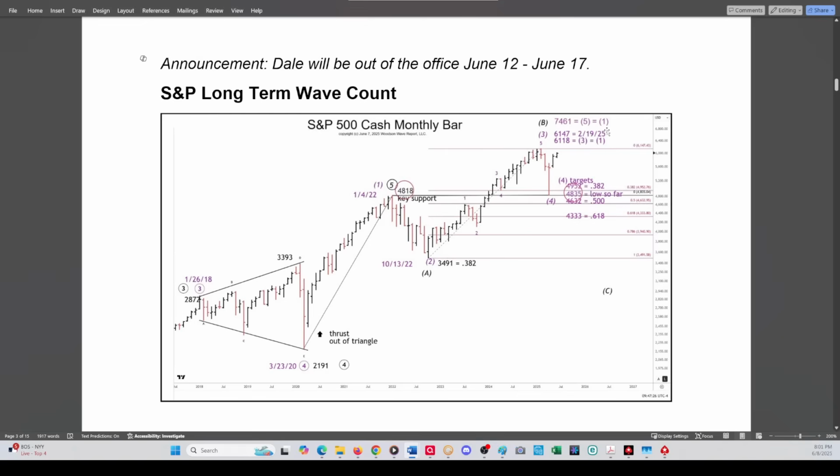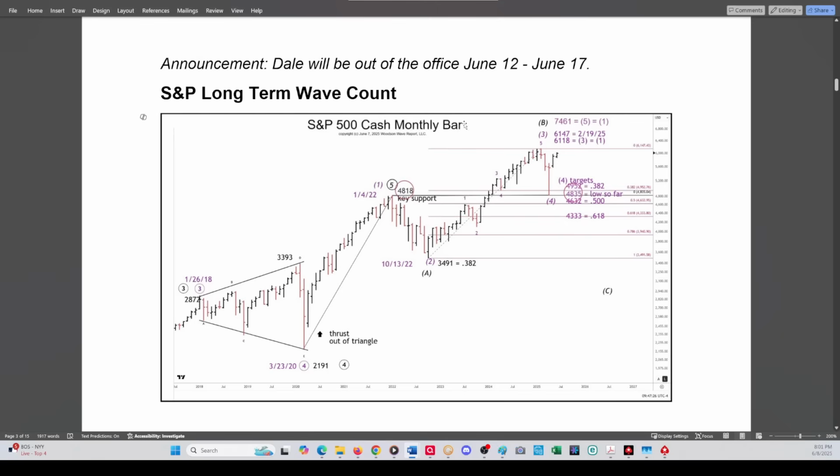Then that 5 equals 1 at 74.61. Where is this purple count wrong? It goes below 4818. And where is it confirmed right? A move above the wave 3 high of February 19th at 61.47. It seems poised to do so, but we trust the numbers, we trust the math. We'll wait until it actually does.